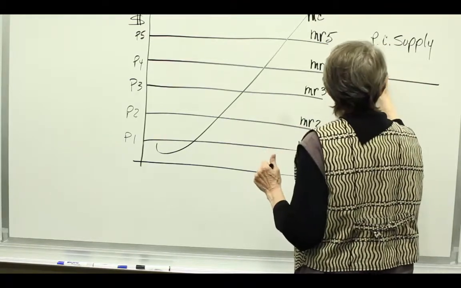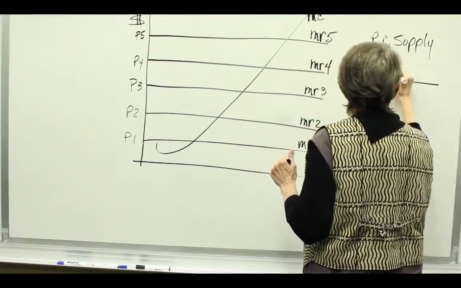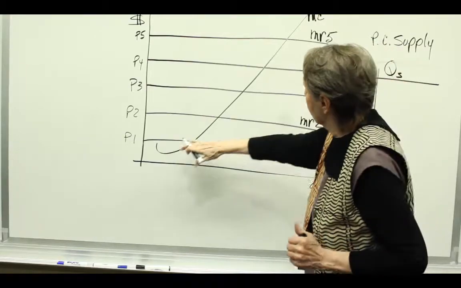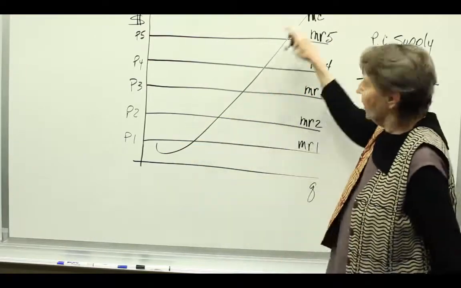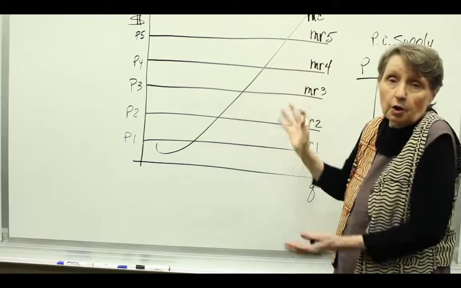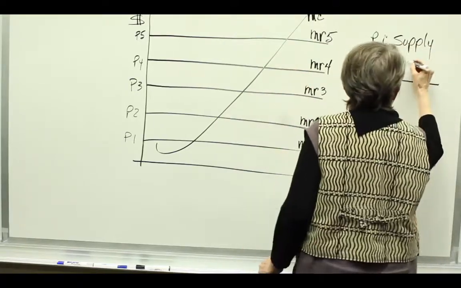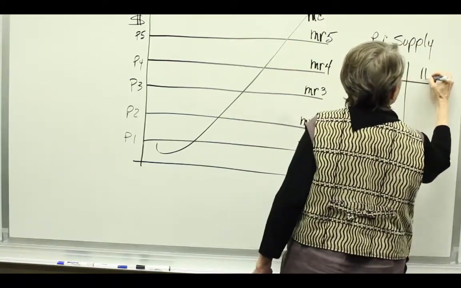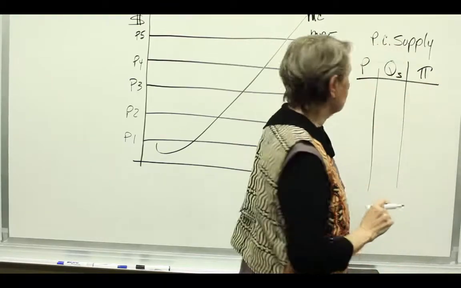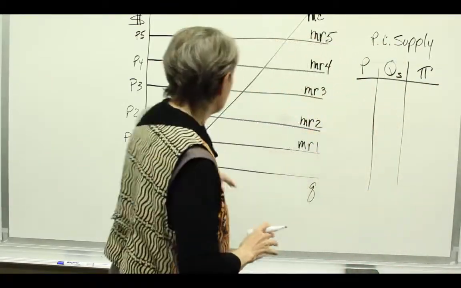Let's just say if this is the price, what's the quantity that this farmer will supply, given that this is his marginal cost curve, and what will his profits be?